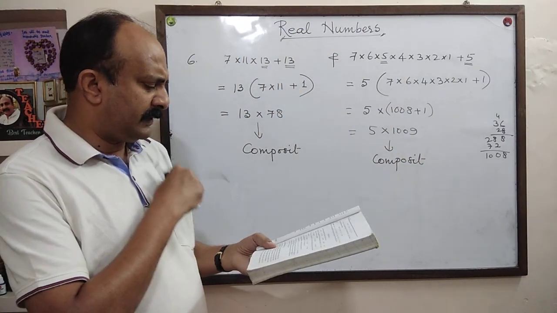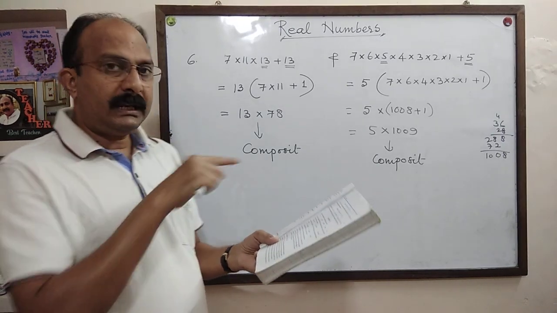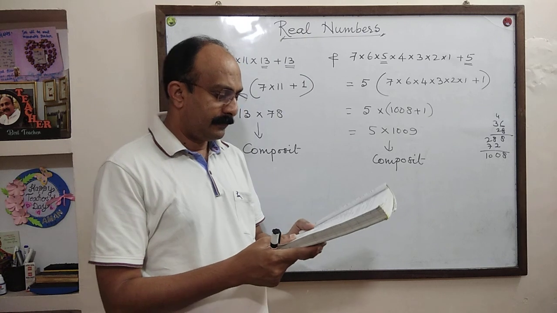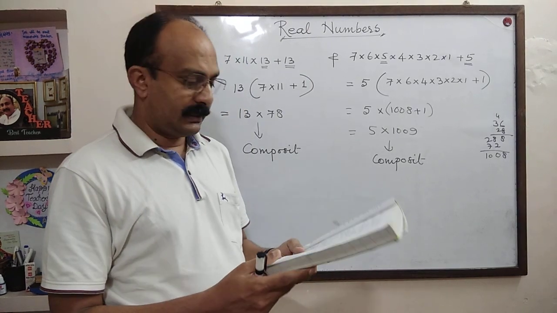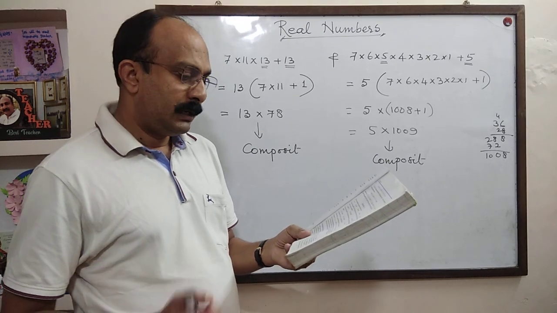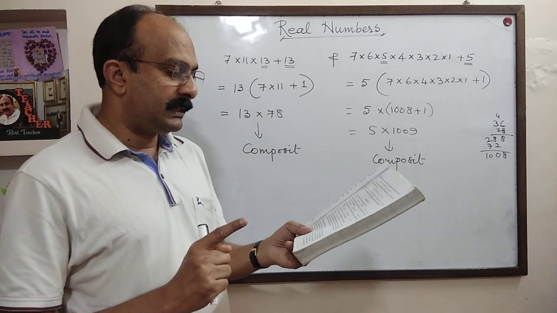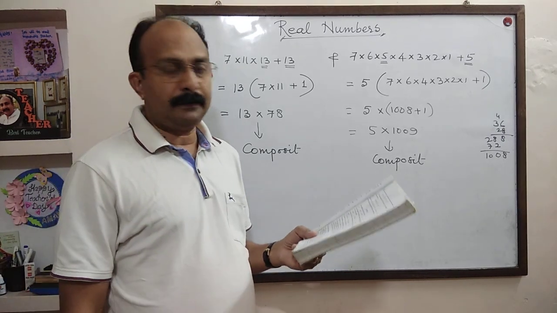Now question number 7. There is a circular path around a sports field. Sonia takes 18 minutes to drive one round of the field, while Ravi takes 12 minutes for the same.